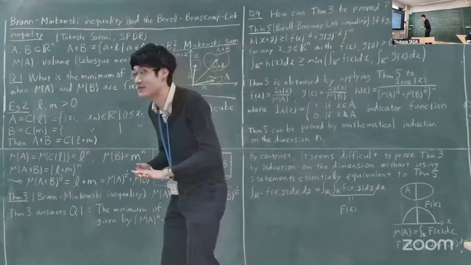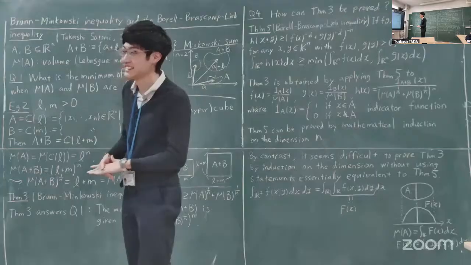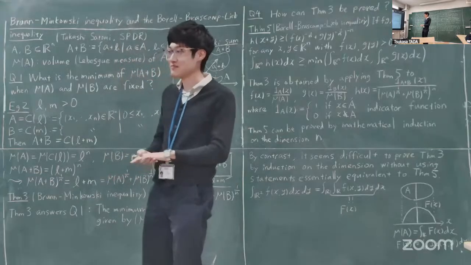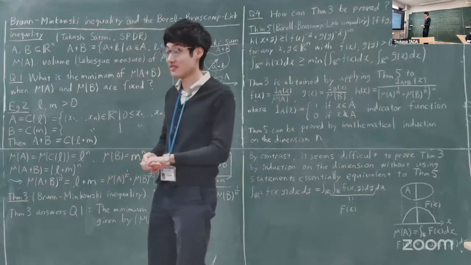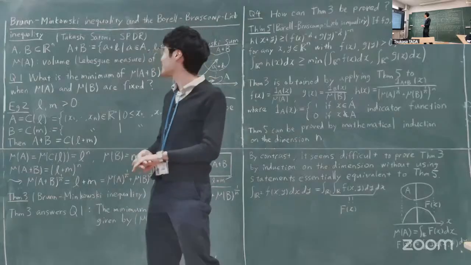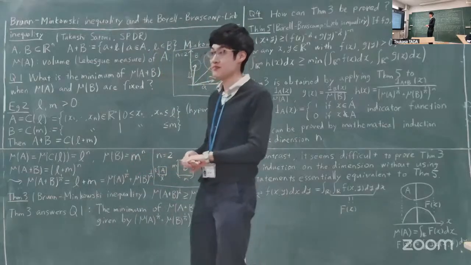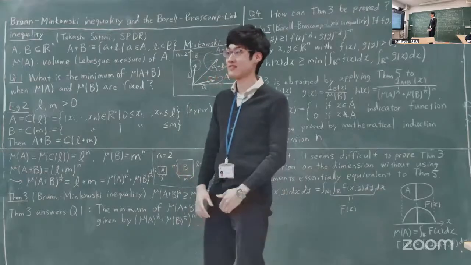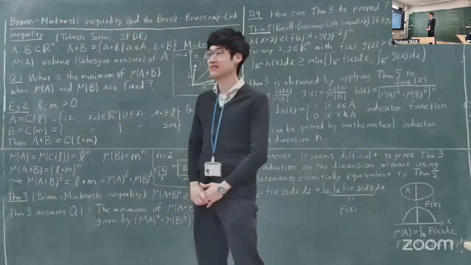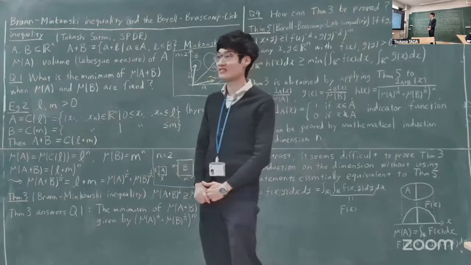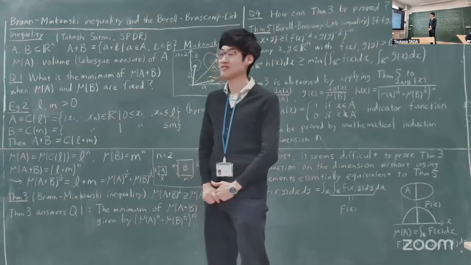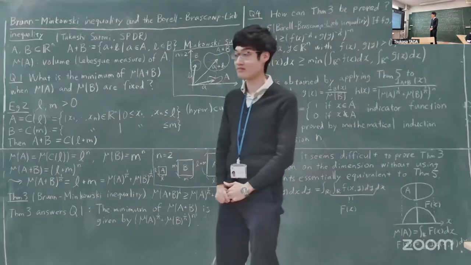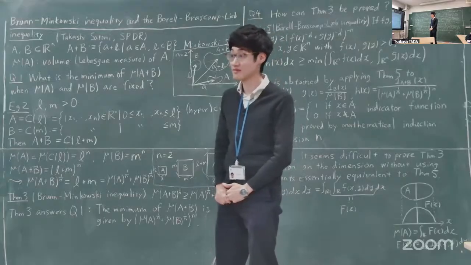Here they use the Borell-Brascamp-Lieb inequality to prove the Brunn-Minkowski inequality. So it almost sounded like the Borell-Brascamp-Lieb inequality has broader applications in mathematics. But is it true, or is the Brunn-Minkowski inequality considered a more important result in mathematics?